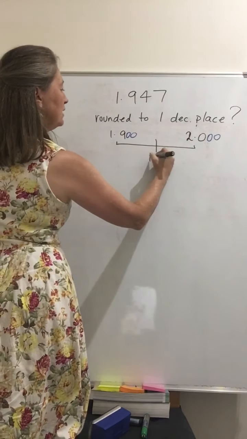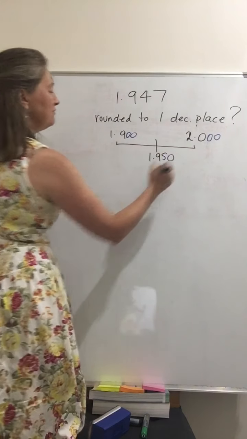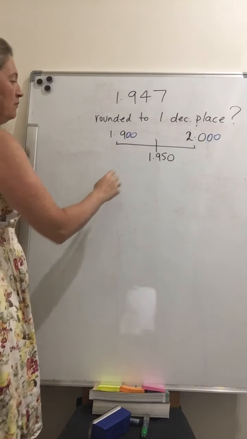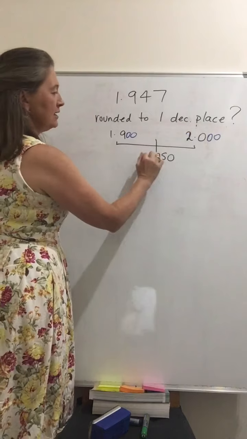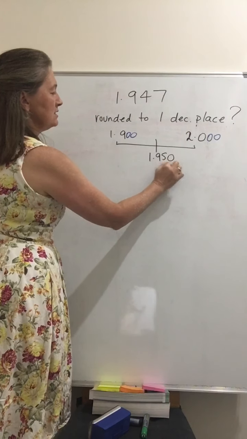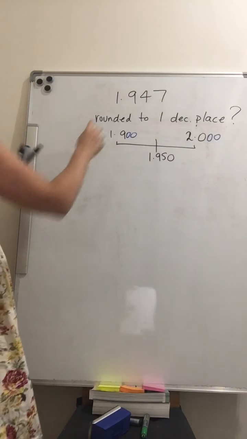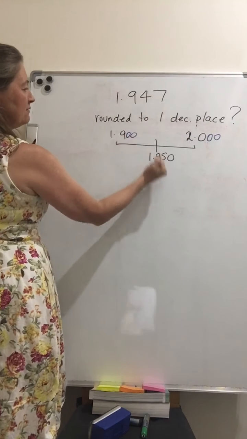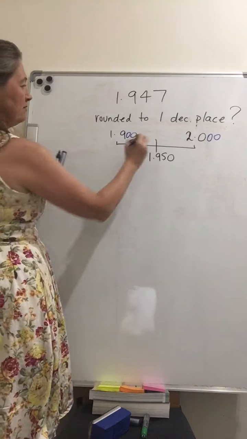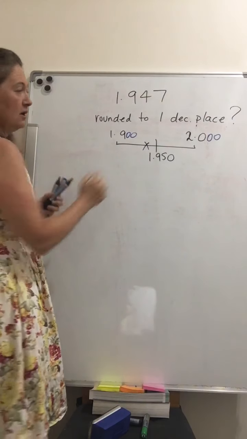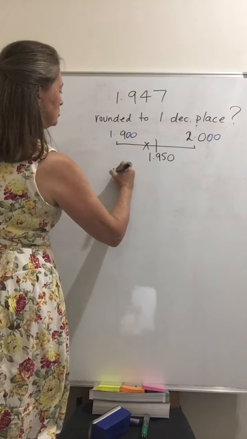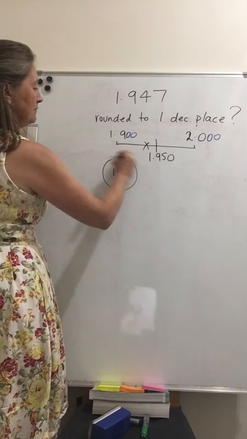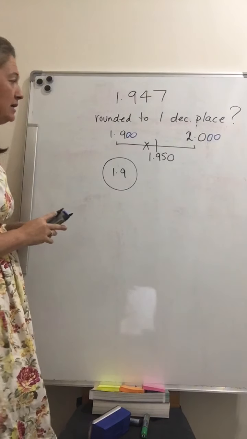So it's going to be 1.950. Okay, so where's our 1.947? Well, 947 is a bit before 950, so it's sitting in there, which means it's closer to 1.9, and that's what the correct answer would be.